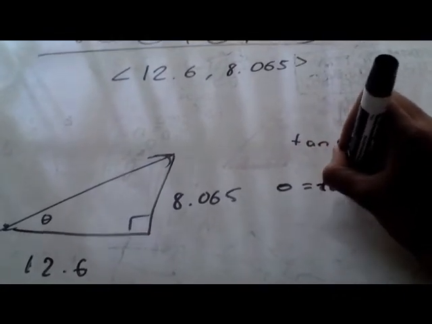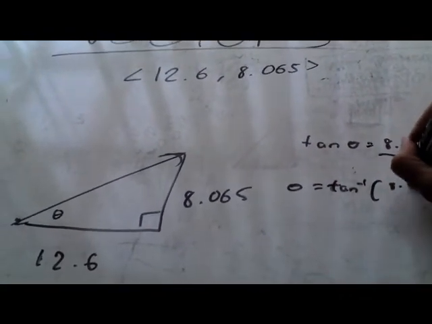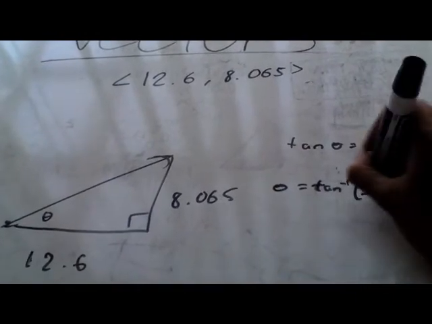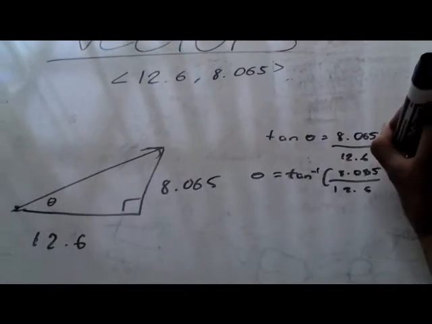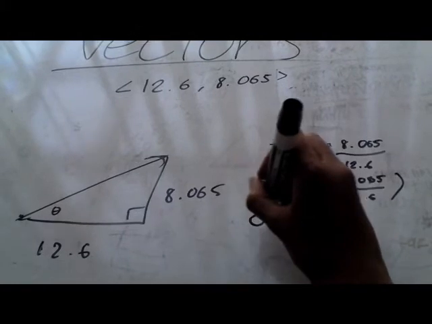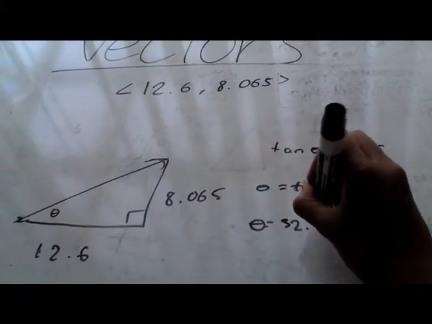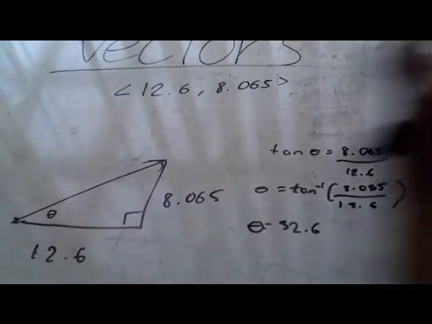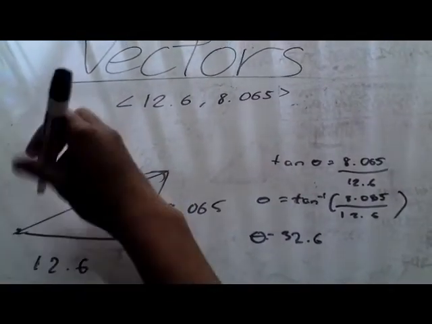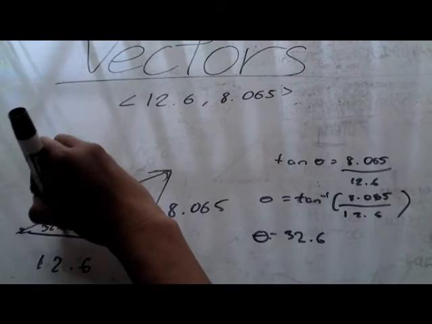Isolate theta as always. You get tangent inverse of 8.065 over 12.6. Now, plug that into your calculator and you should get 32.6 degrees. So that's the new direction.